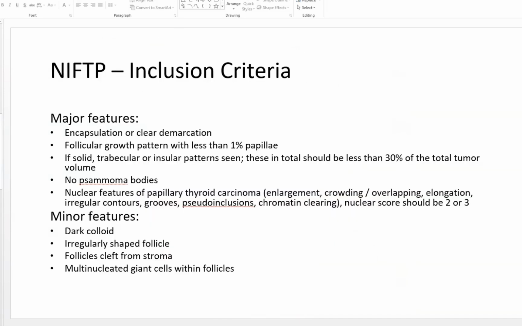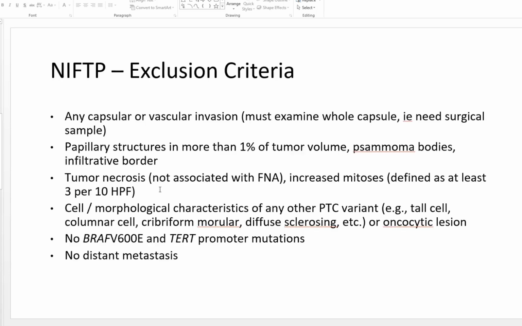And then just wanted to go over this entity called the NIFTP. In any case, there's major and minor inclusion criteria for what constitutes a NIFTP. So I would highly recommend that you familiarize yourself with this, because it has both gross as well as histologic features associated with the inclusion criteria. There's also exclusion criteria for a NIFTP.